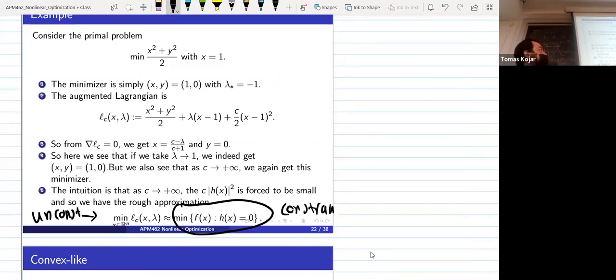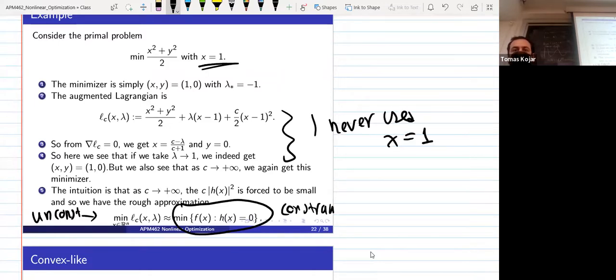At no point when I computed this did I use X equal 1. So I solved the unconstrained problem, I took its limit, and I got the constrained solution.